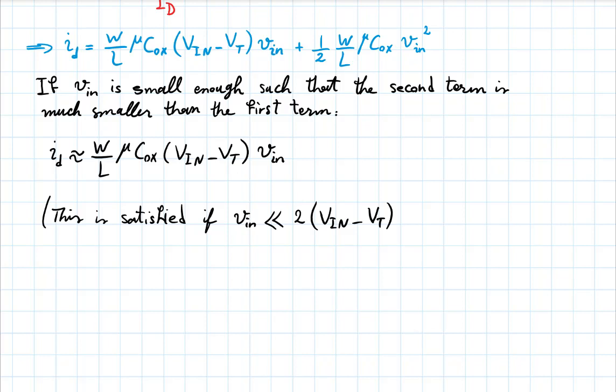But if the small variations you're doing at the input are significantly smaller than the bias amount of the input minus the threshold voltage. So imagine your threshold voltage is 1 volt, and you have put a bias value of 1.5 volt at the input. So this quantity is 0.5 volt.